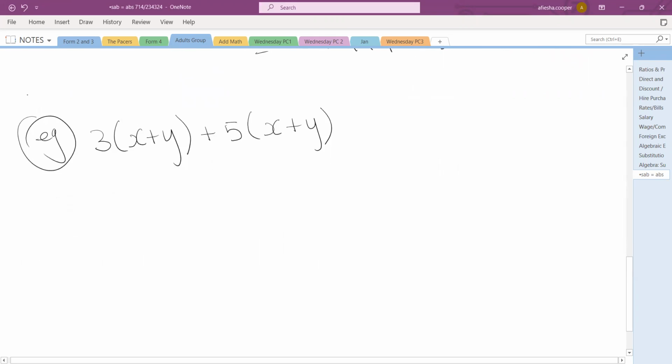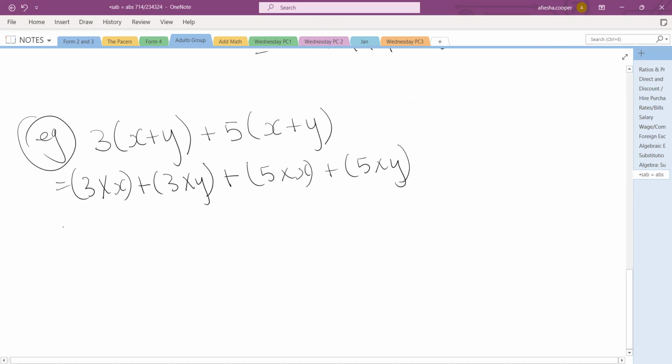So it's going to be 3 multiplied by X, always add 3 multiplied by Y, always add 5 multiplied by X, always add 5 multiplied by Y. Then we simplify that, 3X plus 3Y plus 5X plus 5Y, and then we have to group our terms. 3X plus 5X will give us 8X, and 3Y plus 5Y will give us 8Y.